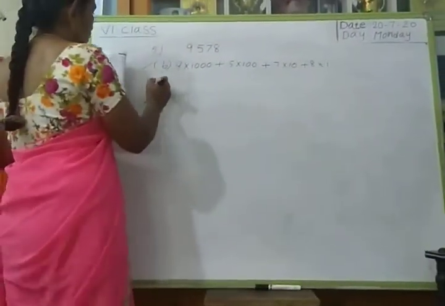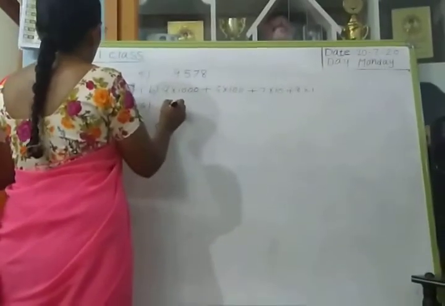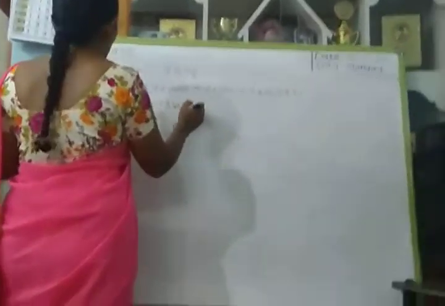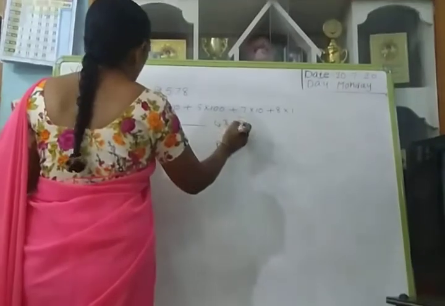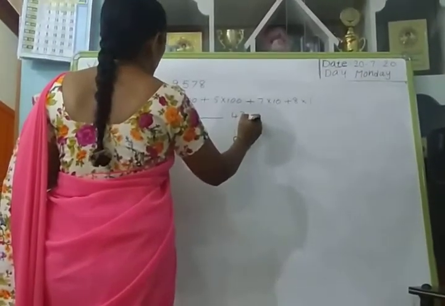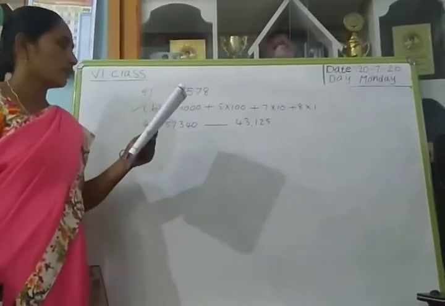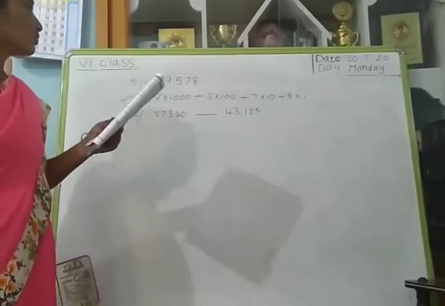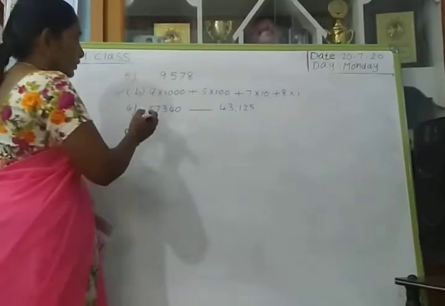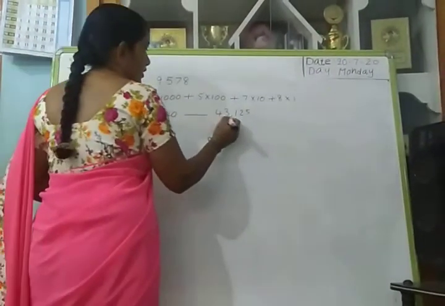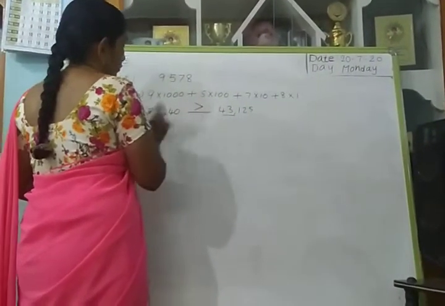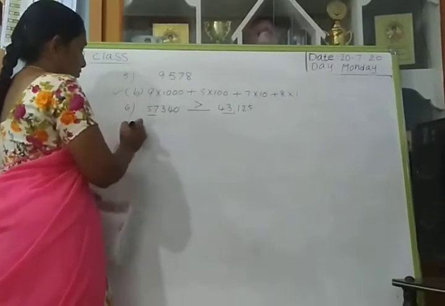Next, sixth question. These are problems 6 to 12, Saturday's homework problems. 57,340 and 43,125. So 57,000 and 43,000, which is greater? 57 is greater, so the greater than symbol.